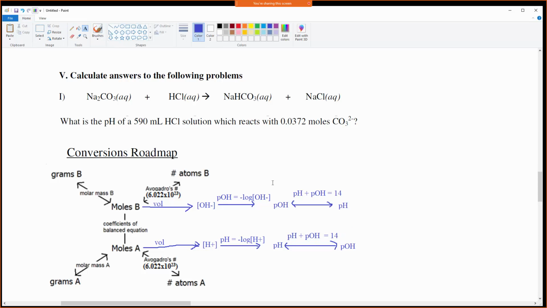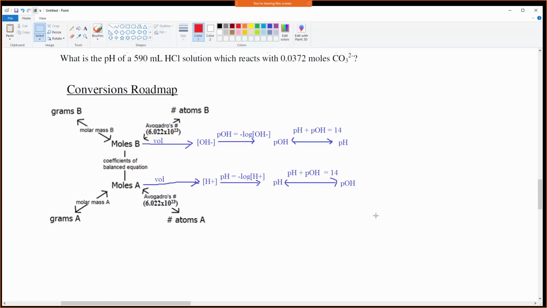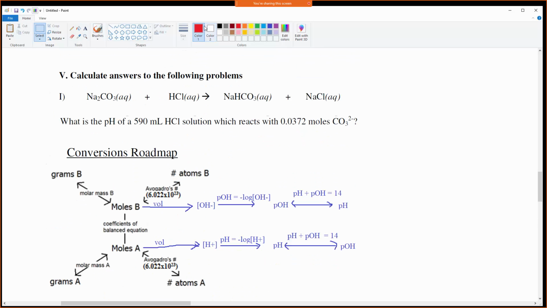Okay, so now we've got the roadmap in place, and I'm going to copy this and put it somewhere else too so that I can use it again later. Okay, so they want to know the pH of a 590 mL HCl solution that reacts with this much CO3 2-. So where's the CO3 2- in this equation?